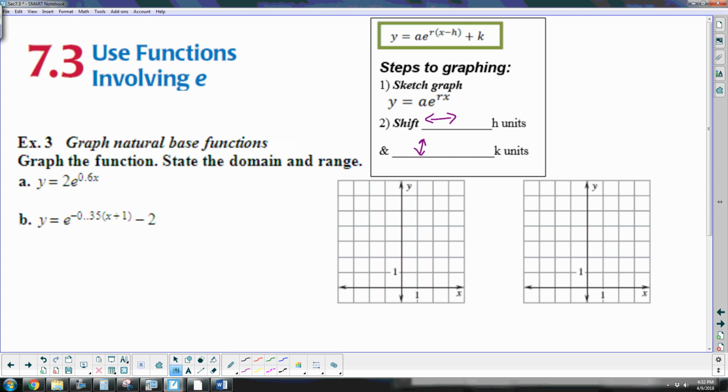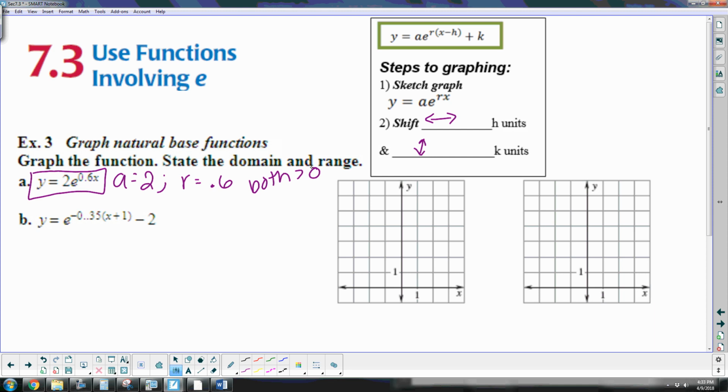So let's look at an example. So the first step here, well, in this first one, we only have y equals 2 times e to the rx. So our a is 2, and our r is 0.6. 2 is greater than 0, 0.6 is greater than 0.